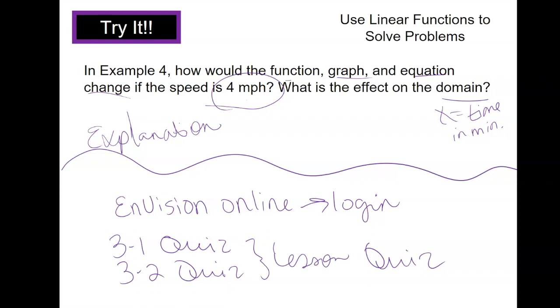Because when I come back Wednesday, we are not going to be able to review these 2 lessons. Those need to be done and we have to move on to 3-5 because we're skipping 3-3, 3-4. So your options, if you're stuck, are to do Virtual Nerd videos.